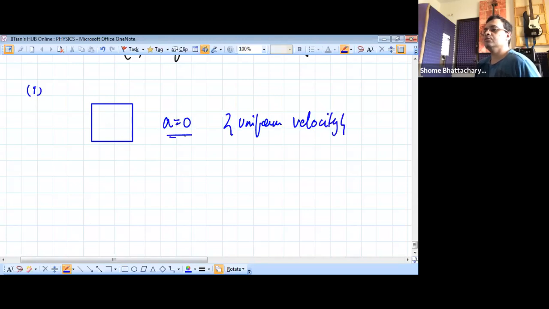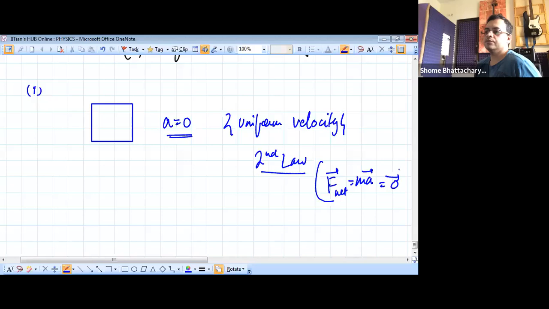Acceleration is zero means that when we apply Newton's second law, the net force should be mass into acceleration, because we're talking about a rigid body. So that will become zero over here. This is the important thing. We have to apply this. Anyway, for net force, we need to understand what all forces are acting, and that is very simple. The forces acting here are only two. There is the gravitational pull of the earth, and there is the normal reaction that the floor is applying on it, which is upwards.